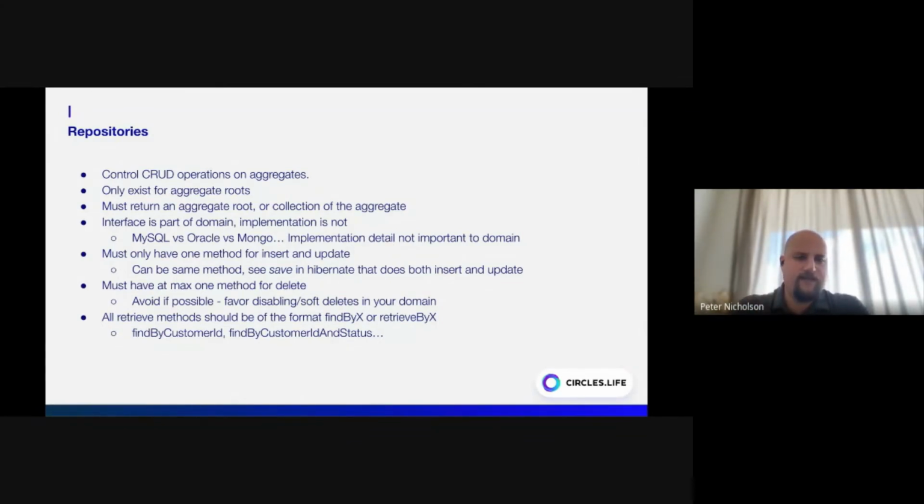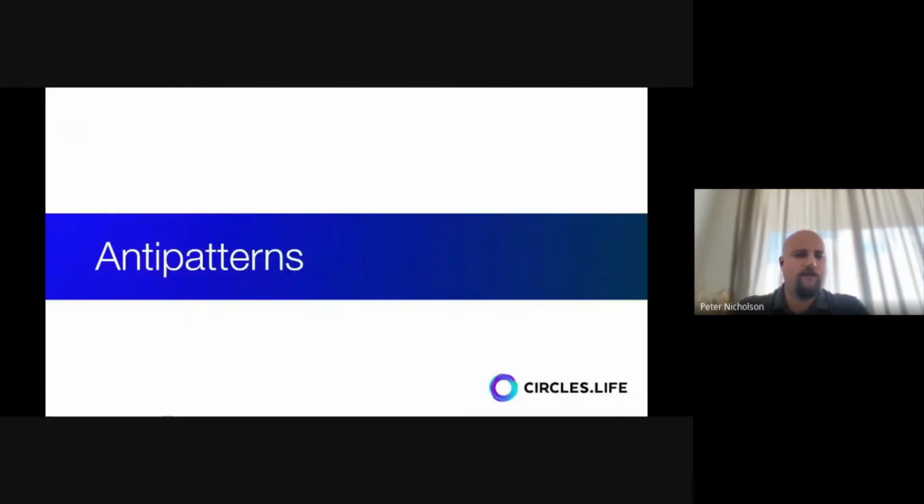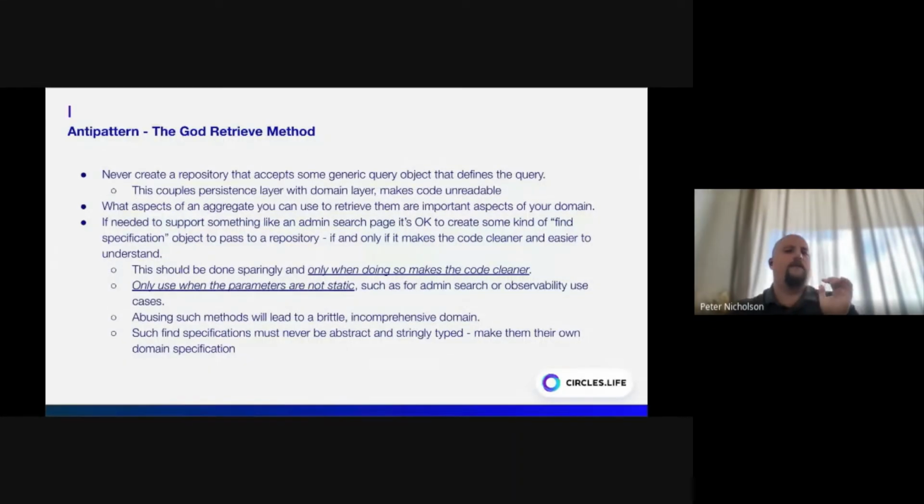So this kind of ends the rules on our aggregates, but I do want to talk about some anti-patterns that we see often. The first anti-pattern is this idea of a God retrieve method, in which case we create some query object, which is passed to the repository to find things.